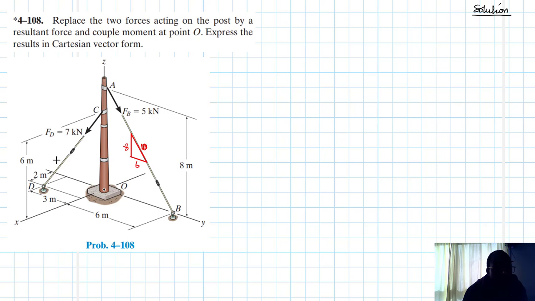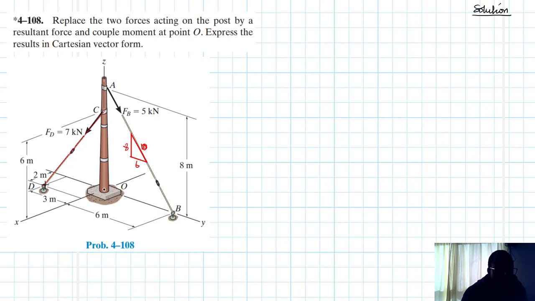Then this one, the length BD, is just what I need because I already have the other directions. So I'll use Pythagoras to just find this length.